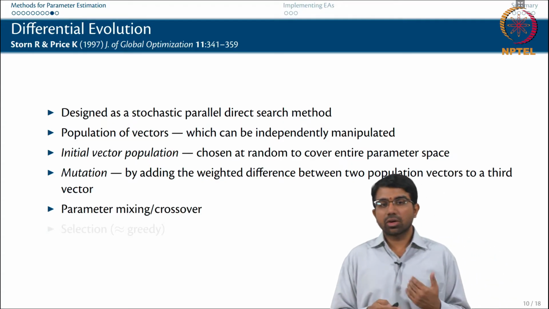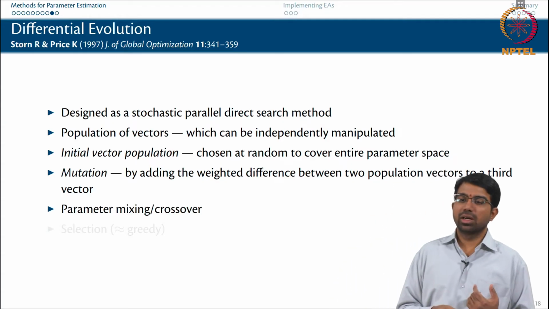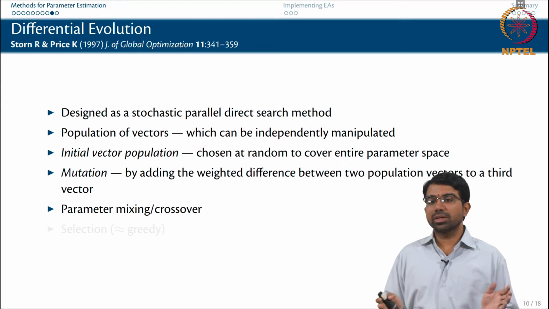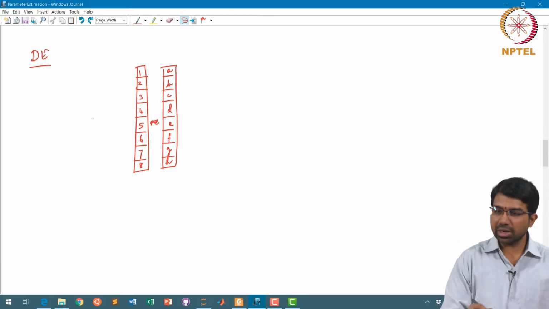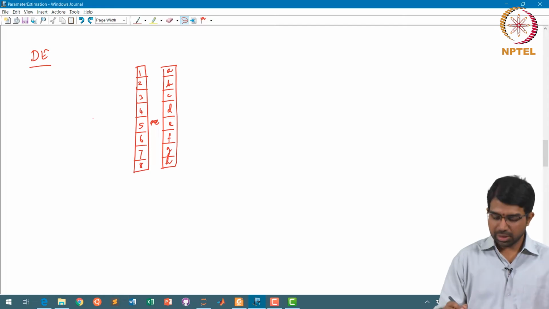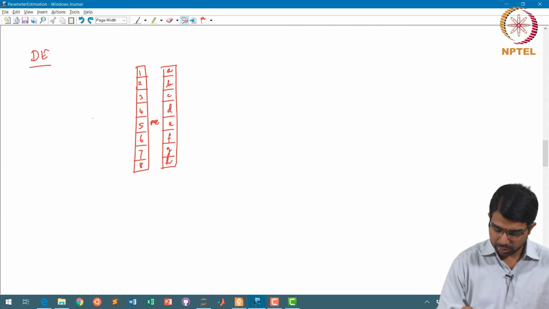And then for crossover what you do is a little more simple, you do parameter mixing, or essentially you pick at random from each, right. So, you mix the two to get a third vector.